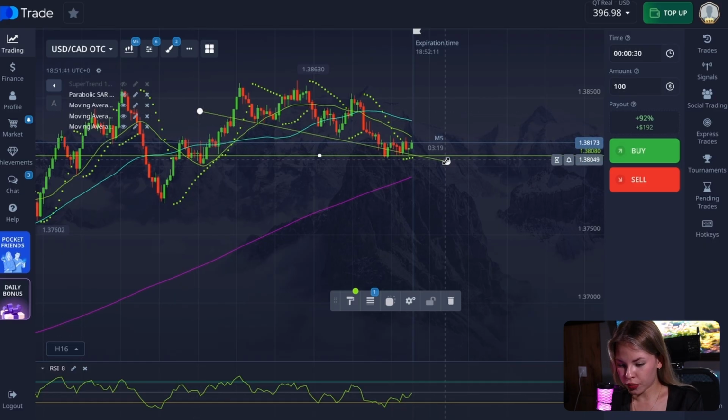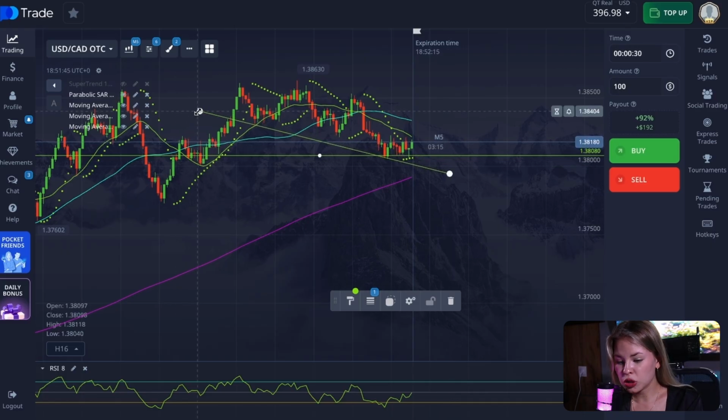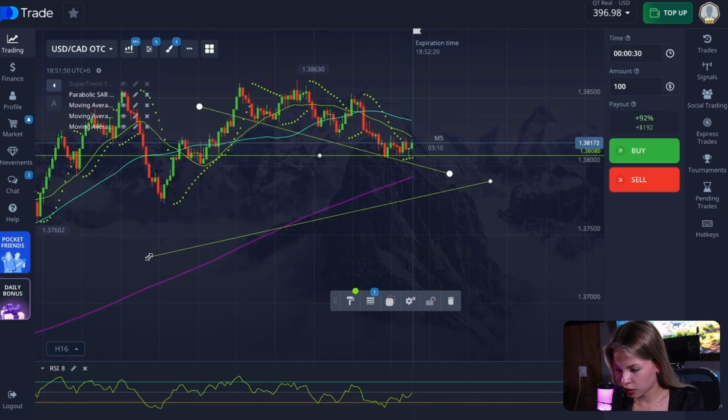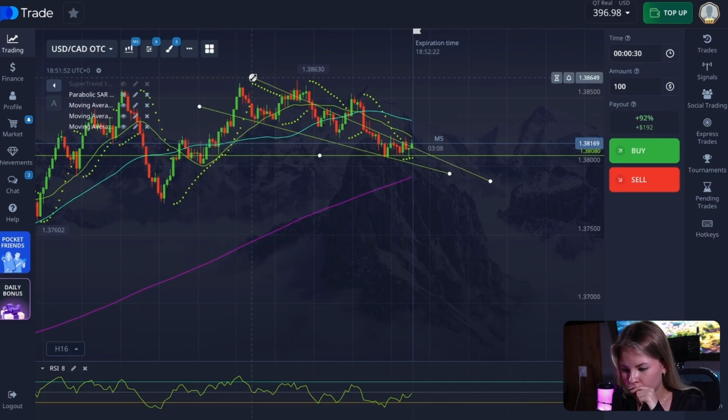I would love a breakout here, but it looks like it's not happening yet. So I'm not entering long for now. But the situation is changing rapidly, every second. We should just wait. And you know what?